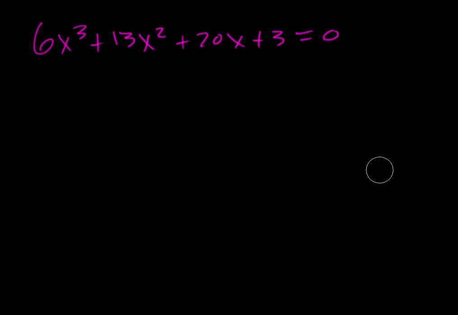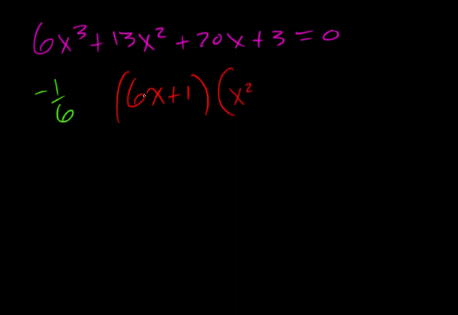So with technology, we were able to determine that it was negative 1/6 for one of our roots, and so that's going to correspond to the factor 6x plus 1. So if we write this out, 6x plus 1, and then we know there's going to be an x squared term. If we multiply that by x squared, it will get us here.